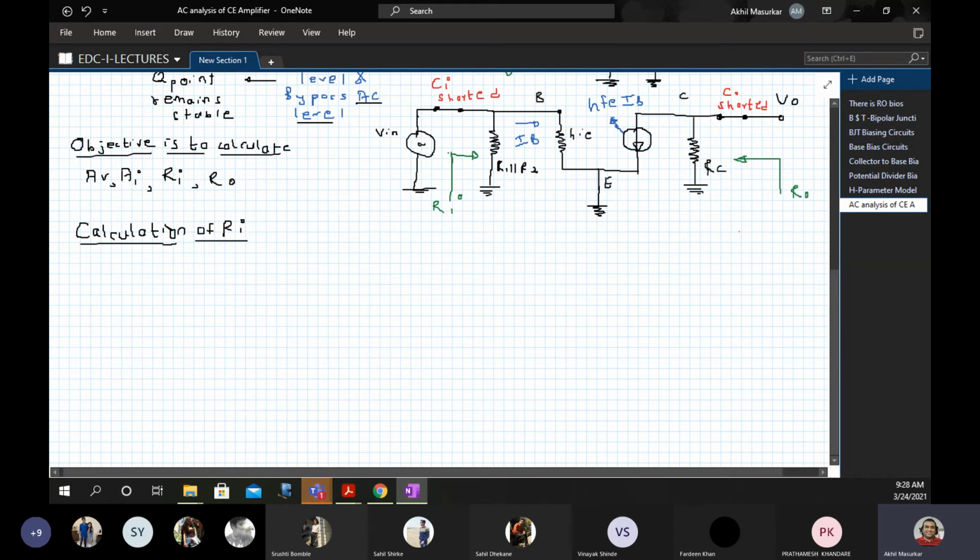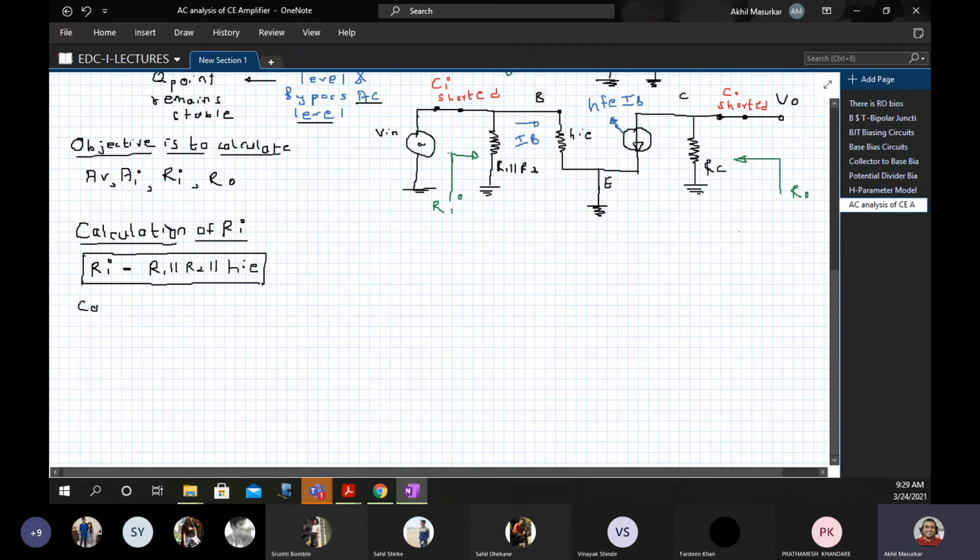Ri is pretty simple. We have just R1 parallel to R2 parallel to HIE. So Ri is nothing but R1 parallel to R2 parallel to HIE. It's very straightforward.